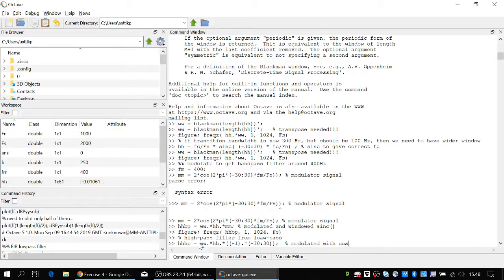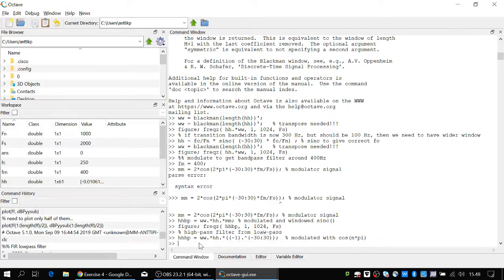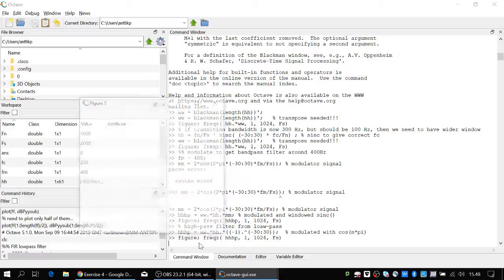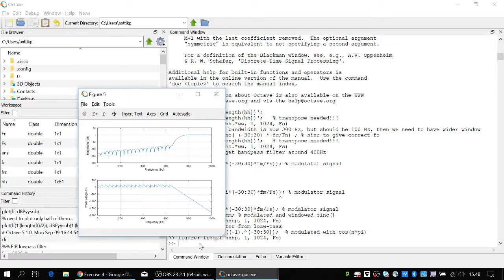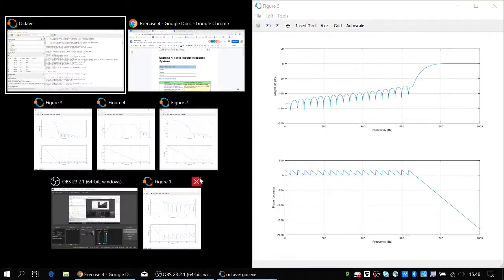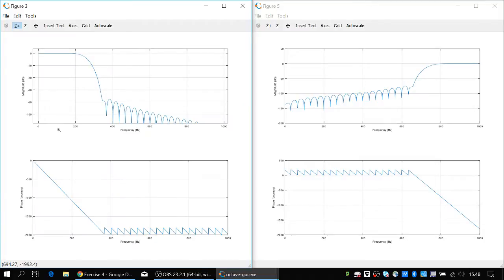So this is actually cosine times n times pi. And again, figure high pass filter. There we go. That's the low pass filter on the left again, and high pass filter.